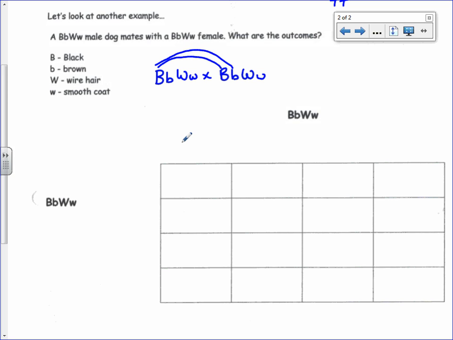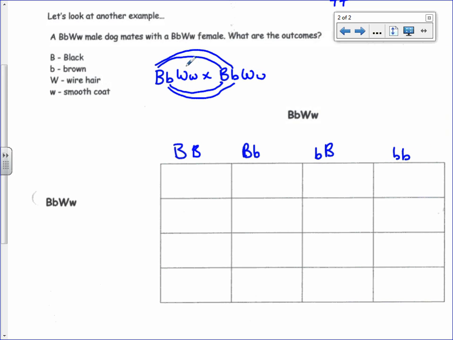So the different combinations here are homozygous dominant, or heterozygous. This B could assort here, or it could assort here. So we have, again, heterozygous, and then homozygous recessive.